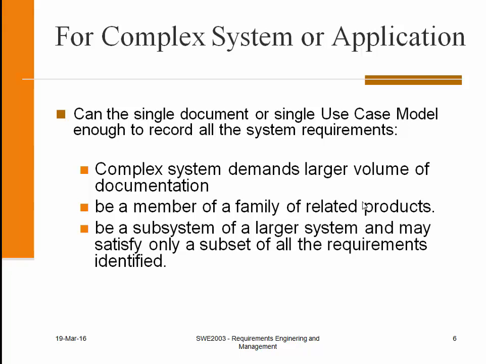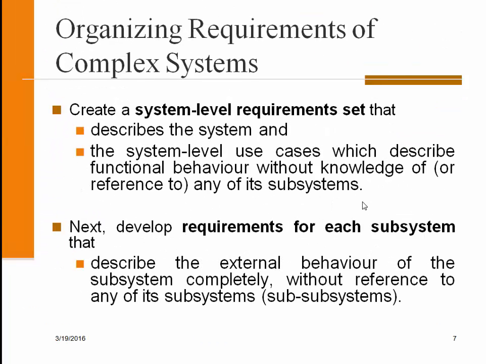When more requirement sets accumulate, it becomes tough for the business analyst to put all these requirements together under a single document. I mean to say, the volume of documentation involved for the complex system is going to be larger and larger. So what is the approach followed to organize the requirements for these kinds of systems?